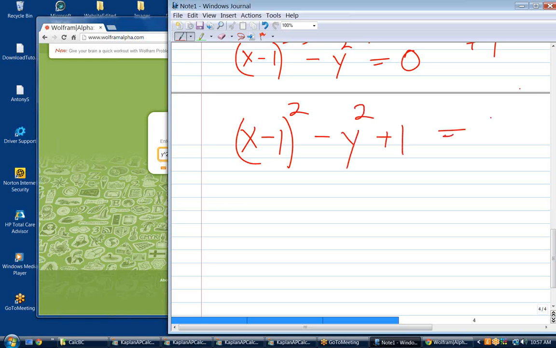In other words, I can no longer turn that into y minus something squared, or y plus something squared. There is no y plus or minus k squared that will equal y squared plus 1.